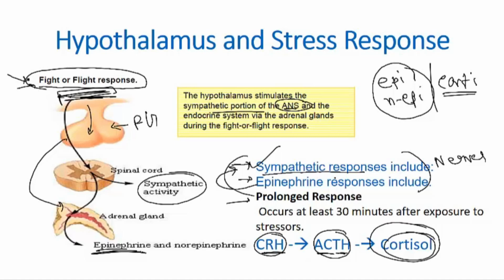So they shut that down for a while and do the rest of the job. They also cause vasoconstriction of blood vessels, such as those in the digestive system.